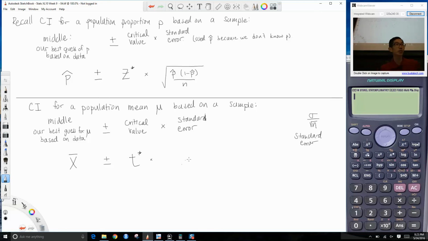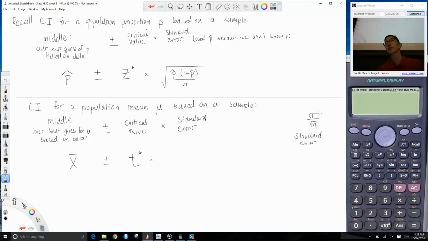I'm going to tell you no, but why not? Similarly to before, the reason we couldn't use p was because we didn't know p. What is sigma? It's the standard deviation of the population, which we don't know.